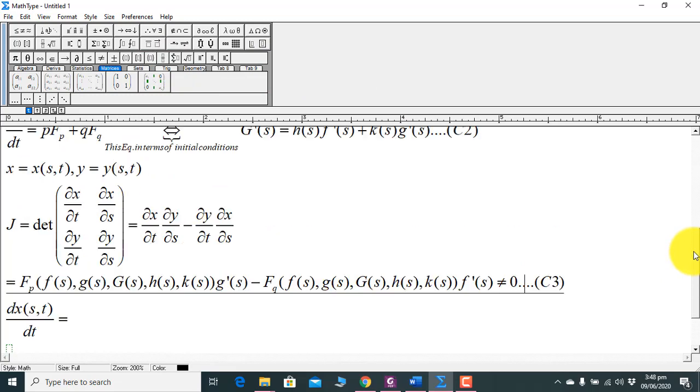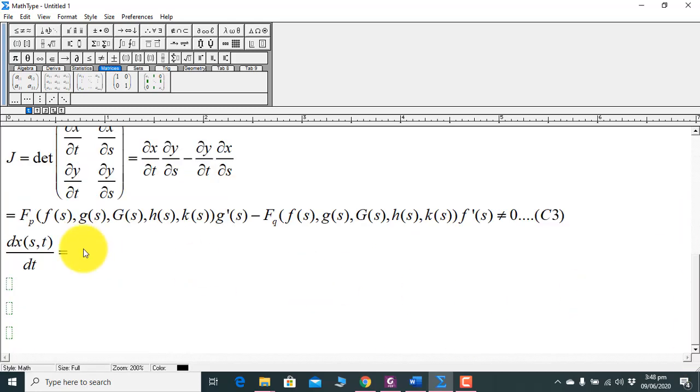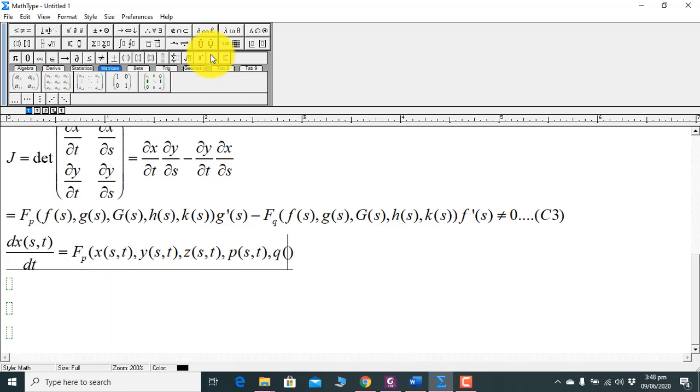So fp is not of conditions now. Fp is generally any function of x, y, z, p, q. So I can write this in general, fp of x, where x is a function of st, y is a function of st. Importantly, you have to mention st, for p also st, and for q also st.